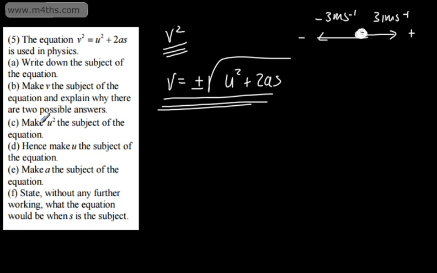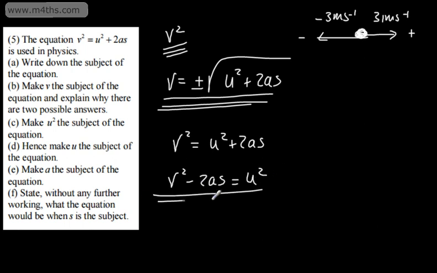Okay, in part C we're asked to make u squared the subject of the equation. Well, that's easy. We just simply need to isolate this term. So I need to subtract this expression from both sides. v squared is equal to u squared plus 2as. So v squared minus 2as is equal to u squared.